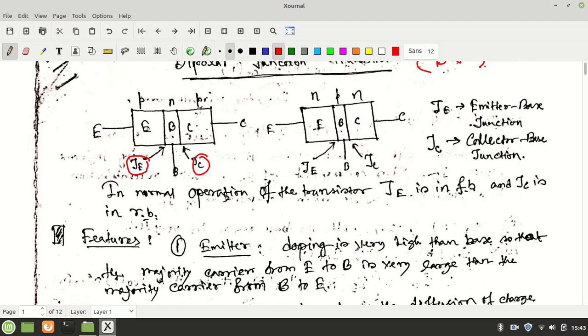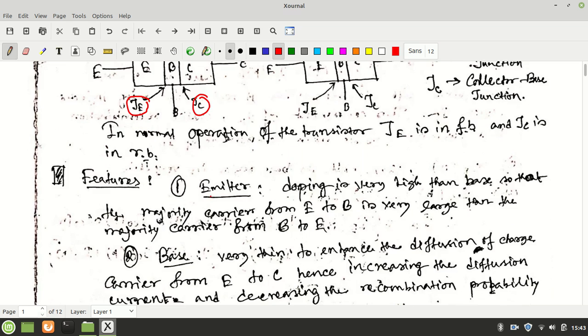And the collector is not heavily doped, it is moderately doped, but is the biggest among emitter, base and collector. And the base is made very thin, and it is sandwiched in between emitter and collector.